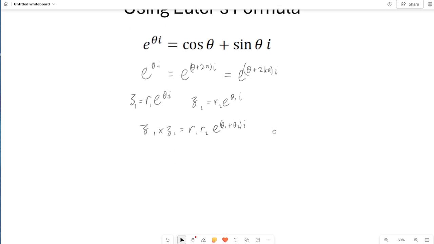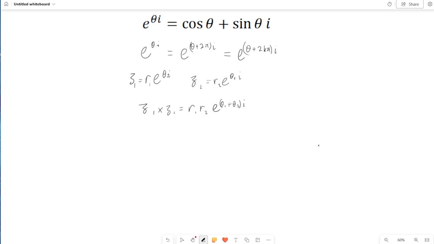That is also a further consequence of De Moivre's theorem. If you remember, De Moivre's theorem says that when you raise a complex number in this form to a power, we end up with cosine and sine of n theta.